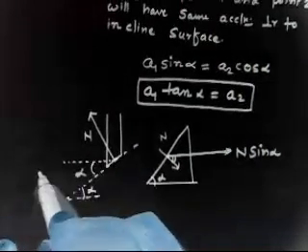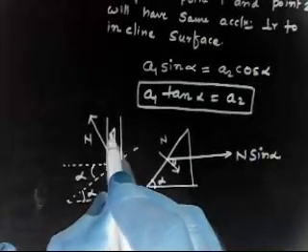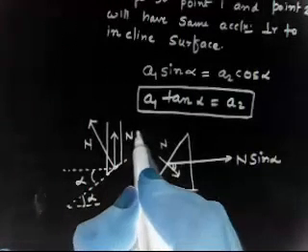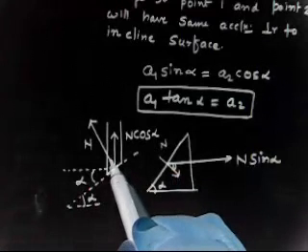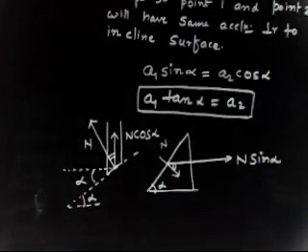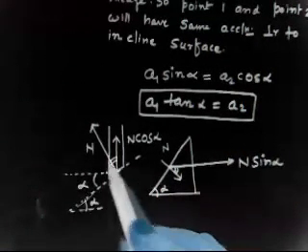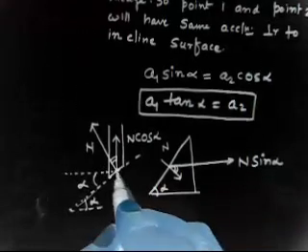You can prove it yourself. The angle between two lines is equal to the angle between their perpendiculars. Over this line, this is the perpendicular, and over this line, this is the perpendicular. So this angle is alpha, so this side will have n cos alpha.